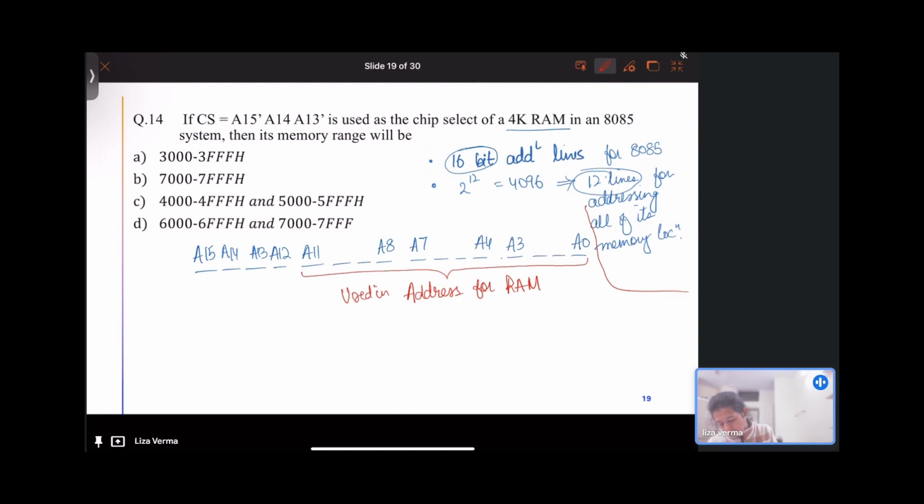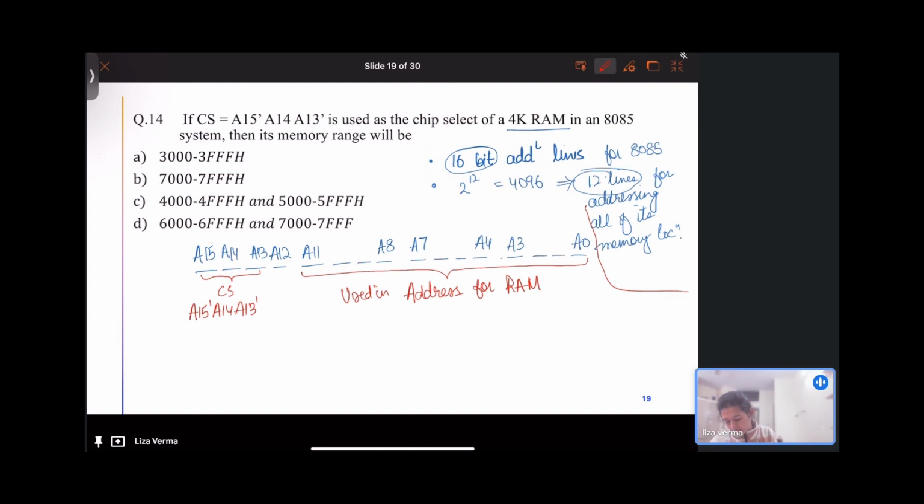Out of these 4 remaining lines, we know that these 3 are used for chip select, right? That too in combination, A15 prime, A14 and A13 prime, which means whatever lines are used with the chip select, we fix the bit value of those lines.